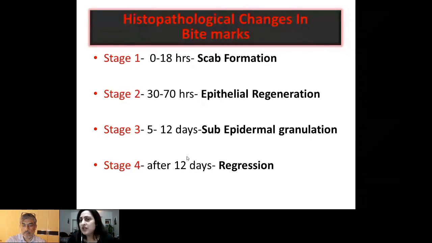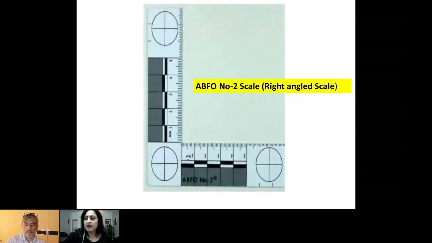So the skin changes that happen in the deceased or the living make it a little more difficult. So we take a series of bite marks, especially during the changes if in a living person, and record it accordingly. All the photographs of the bite marks or the video presentations are taken with and without the ABFO number 2 scale.